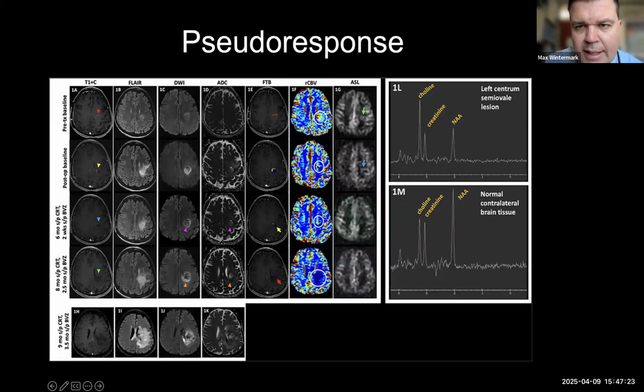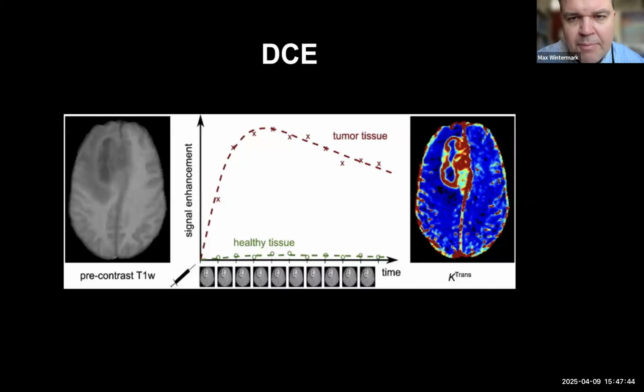So here, in a patient, you can see that the measurements of ASL get better and better over time. So despite the enhancement at first increasing and then decreasing, you can say with confidence that the patient is responding, and that's just, again, pseudo response.